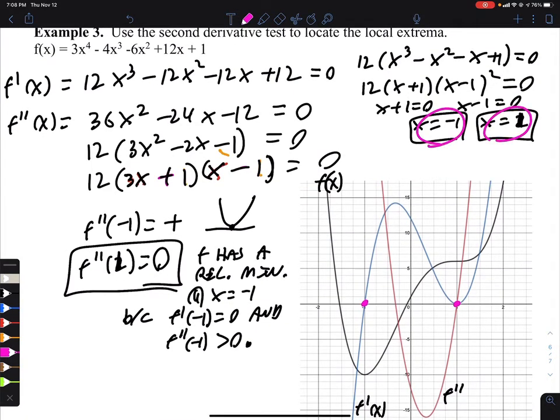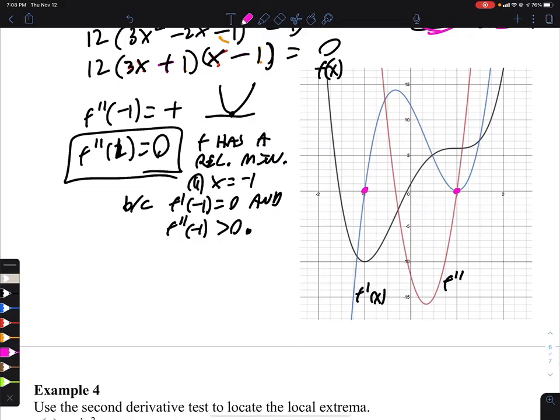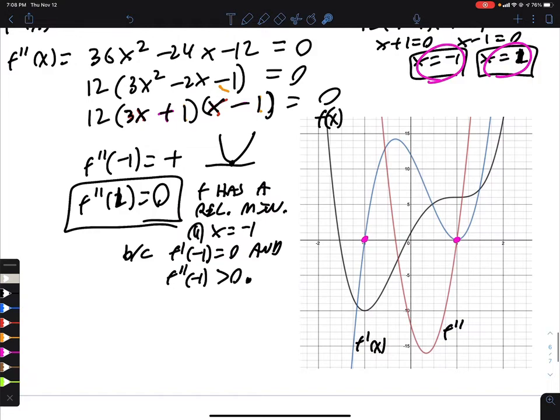Now at -1, the red graph, the second derivative, is way up here, it's positive. So it's going to be concave up. Look, it's concave up. The derivative is 0. That's a rel min. That's what we found. But at this point, the second derivative, the red, is 0. And if the second derivative is 0, it's inconclusive. And you see what happens here, that's not a relative max or min.